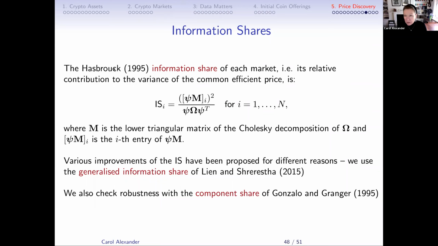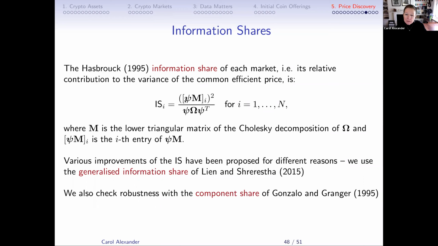Now, this goes back a long way. This is the Hasbrouck information share, and this is the ith term in the Cholesky decomposition. So you take the square root and then you square it. It's like the analysis of variance for the ith source of information.